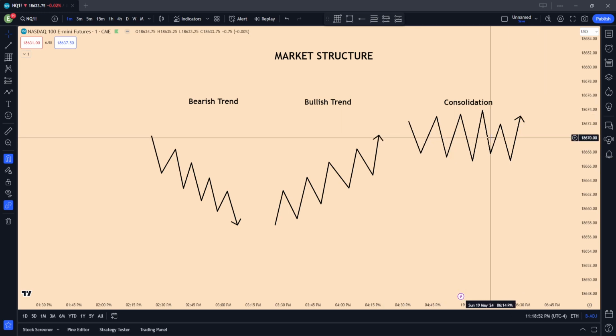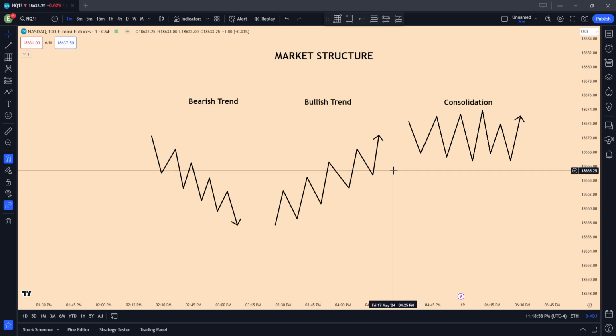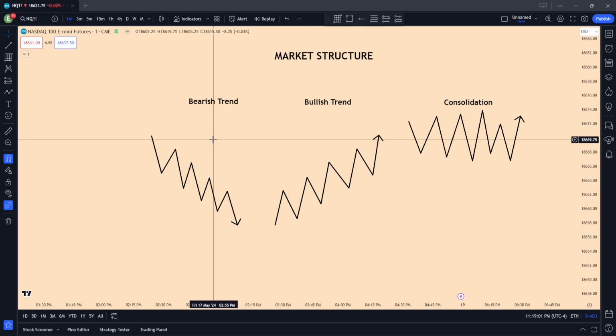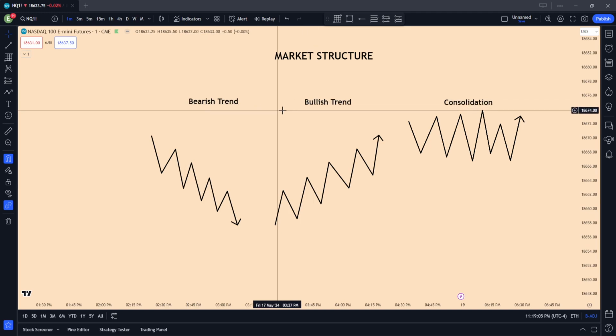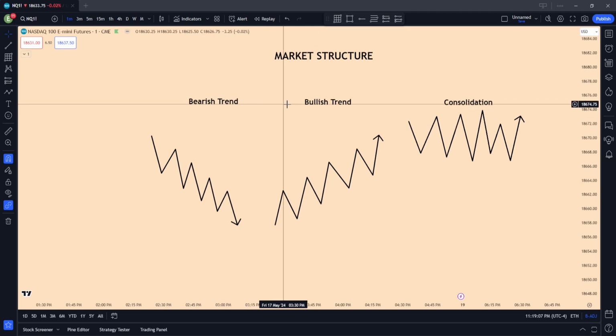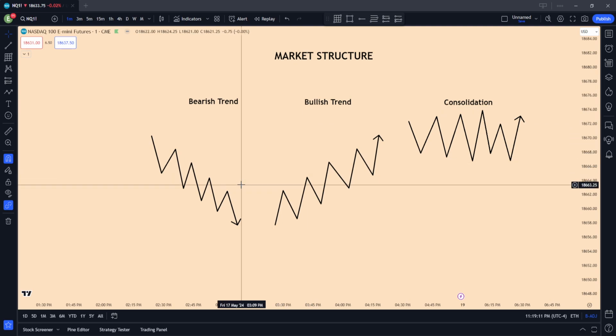You would just be losing money trading in here. So as traders, we want to be trading during a trending market, which is these two. When there's a trending market, there's money to be made.